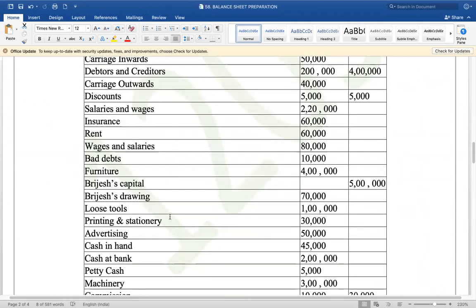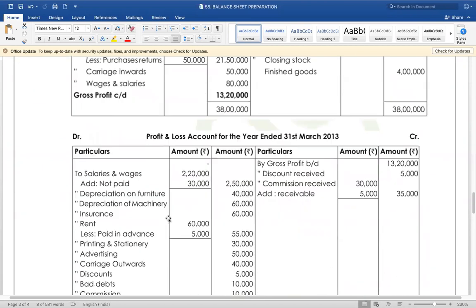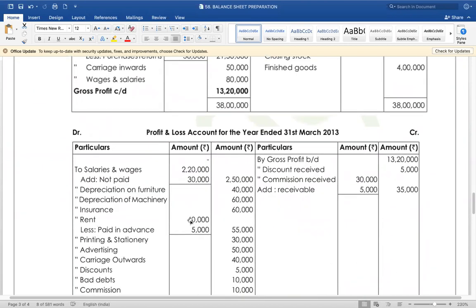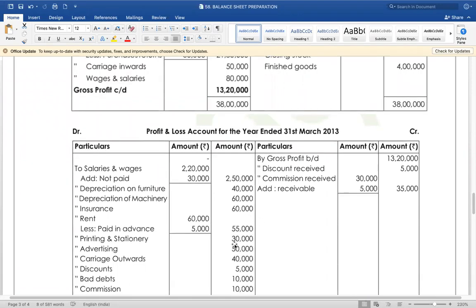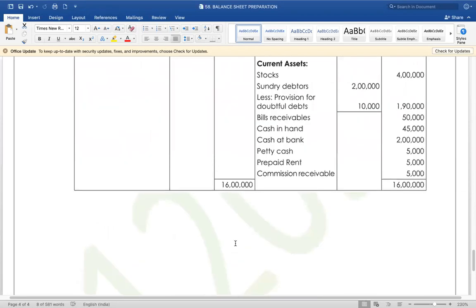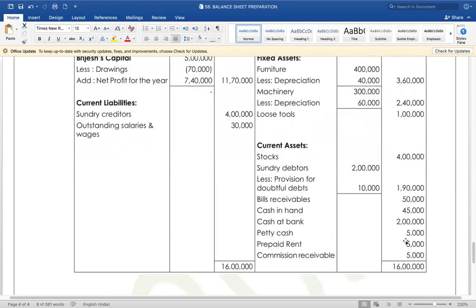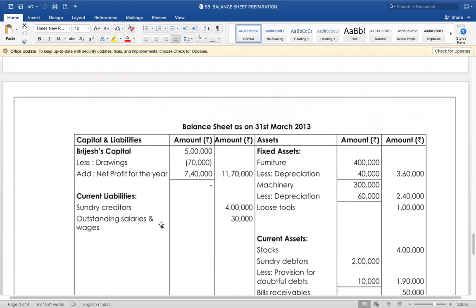Because we are paying it. Yes, we have deducted it here in the profit and loss account. 60,000 is rent paid. Out of this, 5,000 belongs to the next year, right? Yes, we have taken the net amount here. This 5,000 again we will take on the asset side in the balance sheet, as an asset.